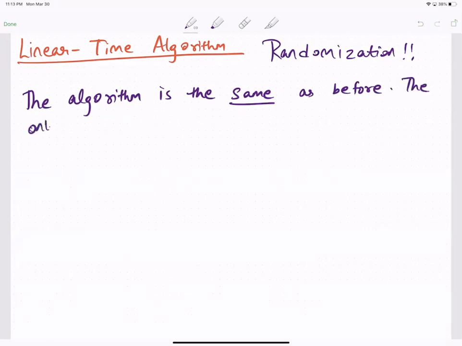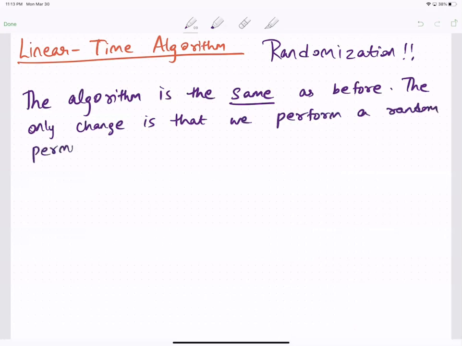The only change is that we perform a random permutation of P and insert points in that order.